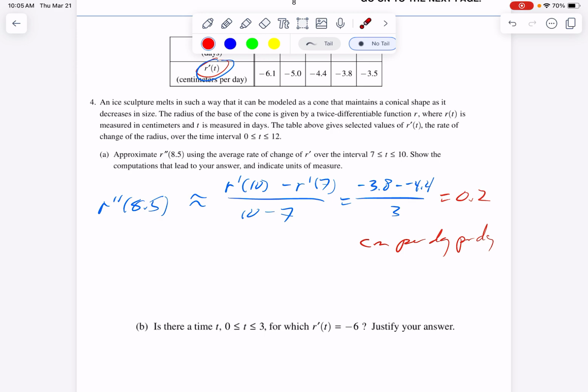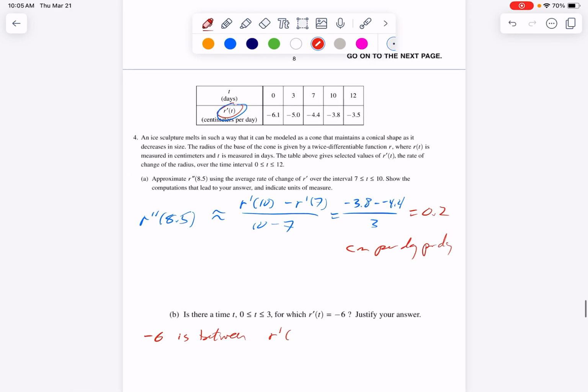So here's what we would notice. We would notice that negative 6 is between r prime of 0 equals negative 6.1 and r prime of 3 equals negative 5. Right, I'm communicating that intermediateness.